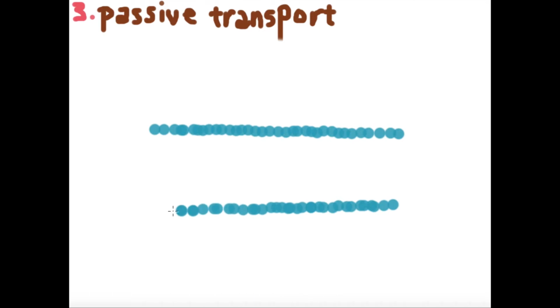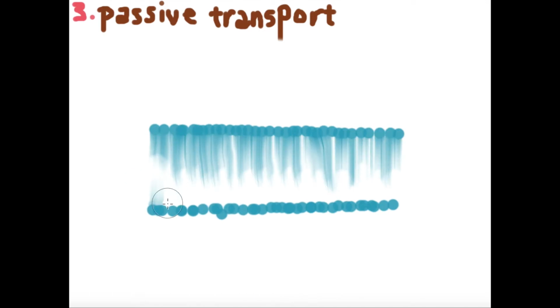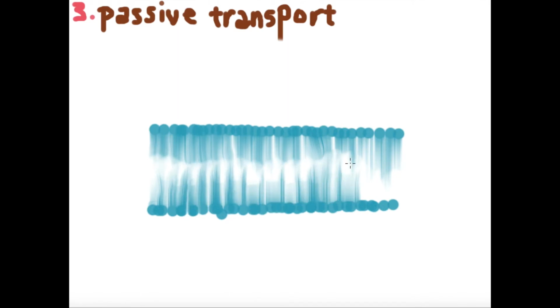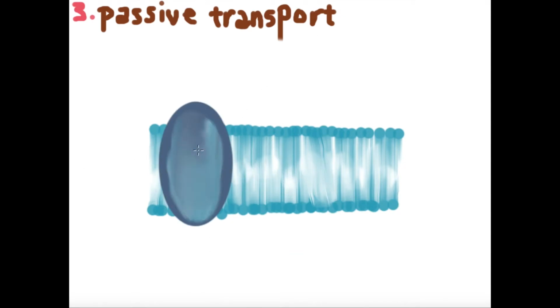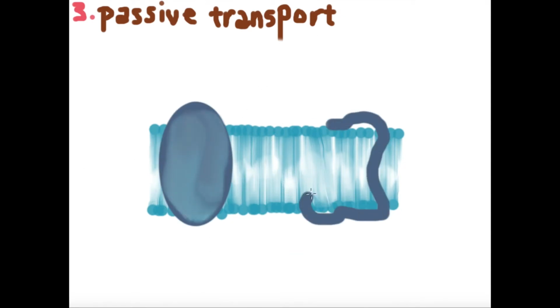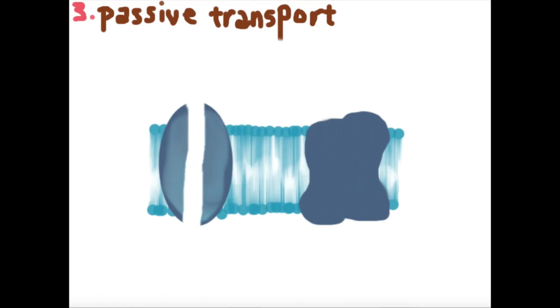And here I'm just going to quickly draw in a cell membrane to show the next type of passive transport. I'm going to be talking about a passive transport called facilitated diffusion.